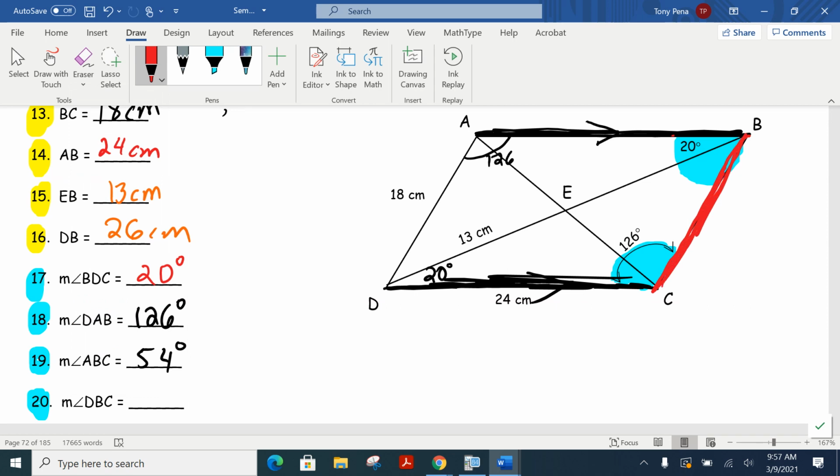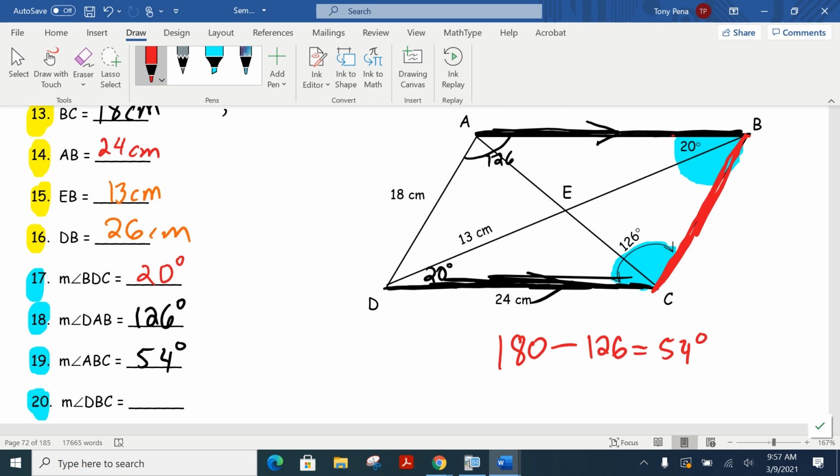So aren't those blue angles same side interior angles? And from our previous quiz, we know same side interior angles are supplementary. So that's why he did 180, took away the 126, and what he was left with was 54 degrees. I was not expecting those words to come out of his mouth, but 100% true.